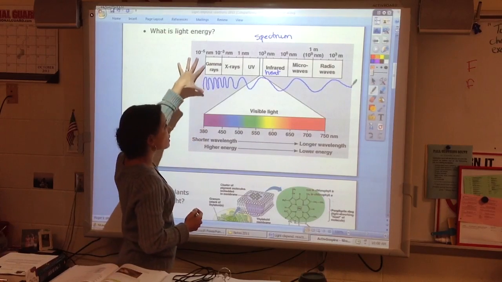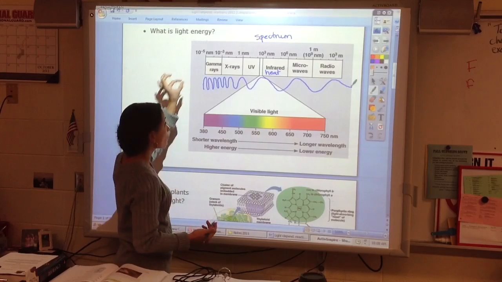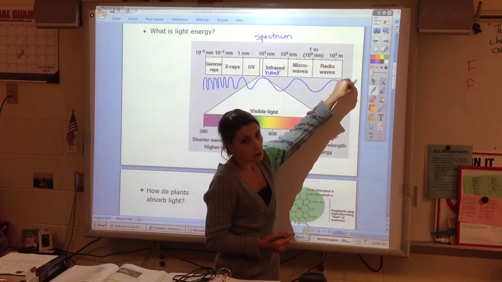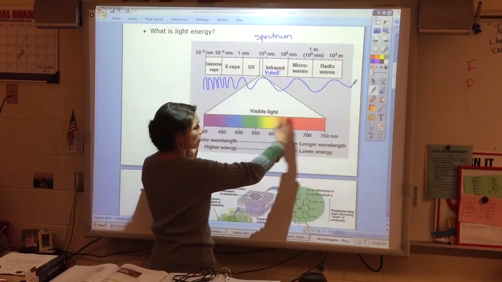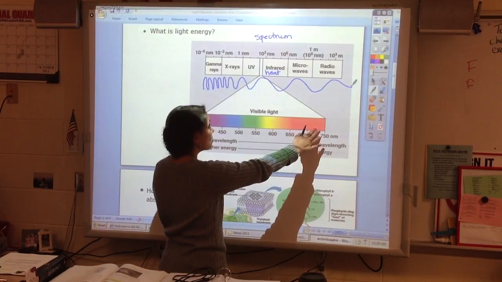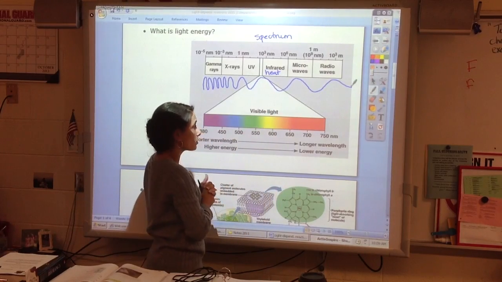So we do understand that this energy that's coming from the sun comes in different forms. Really high energy and really low energy forms. And our eyes are only able to perceive visible light, which is a very small amount of the electromagnetic spectrum.